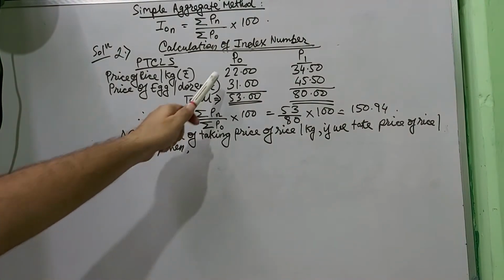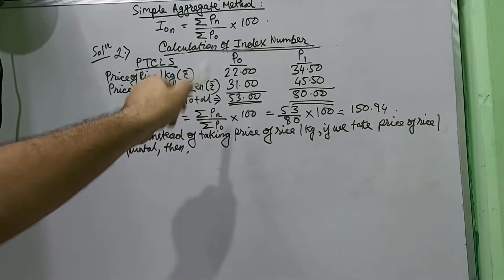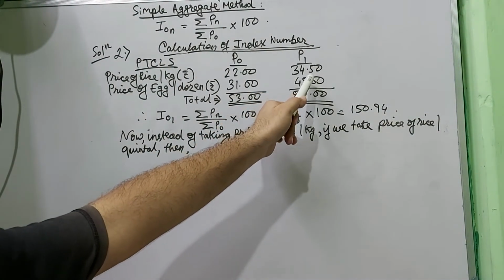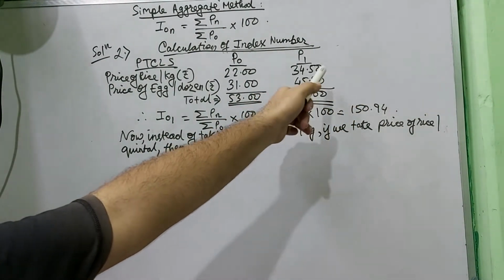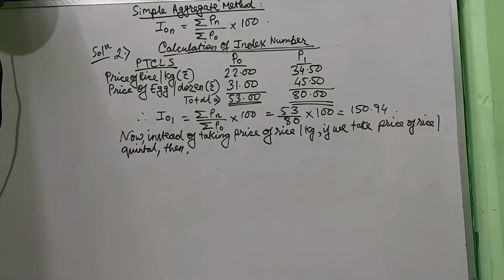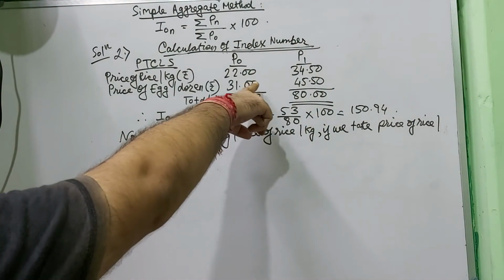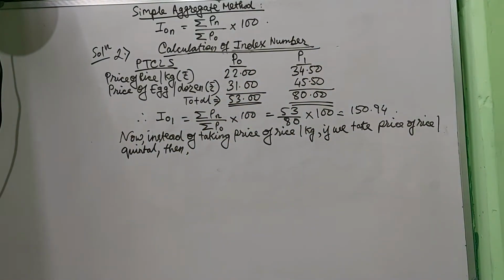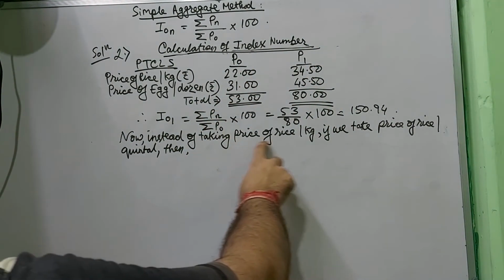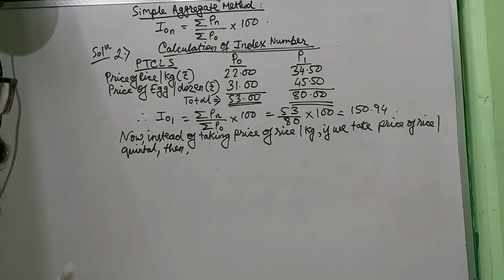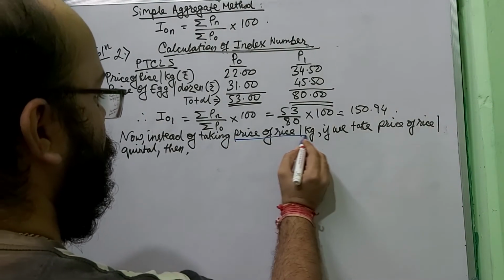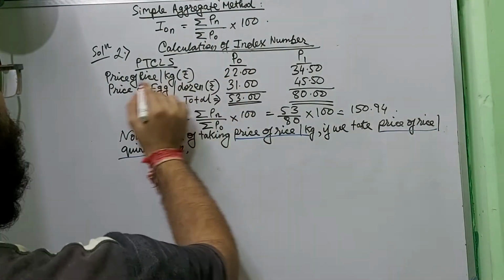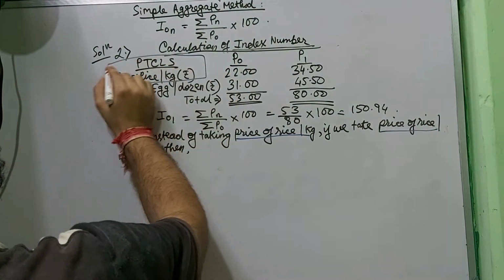In this case, 22 per kg means 2200 and 34.50 per kg means 3450. The price of egg will remain the same, only this will change. I am changing the price of rice per kg to price of rice per quintal.